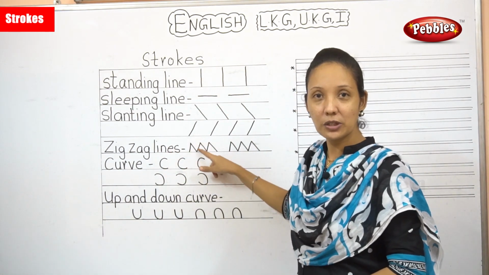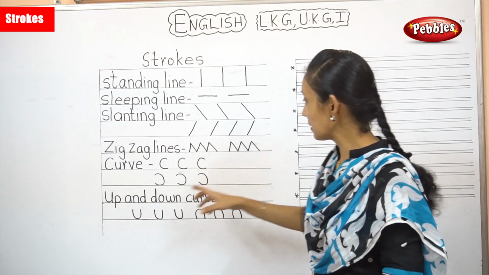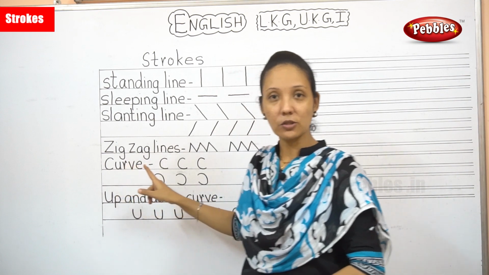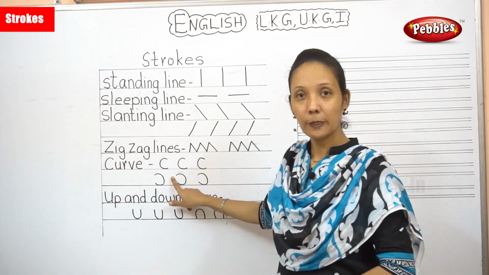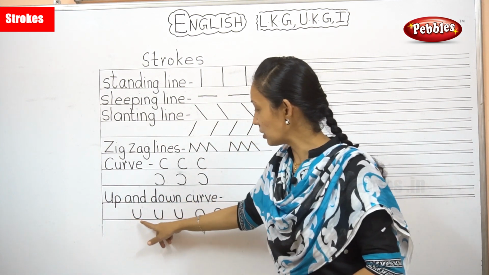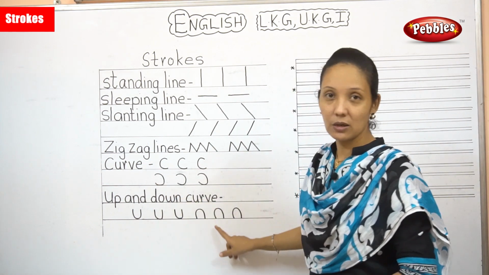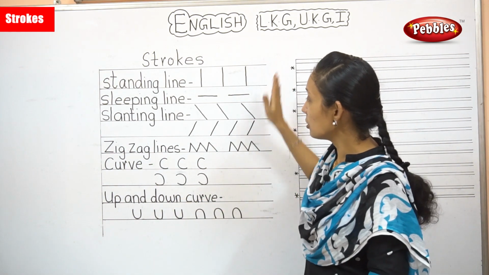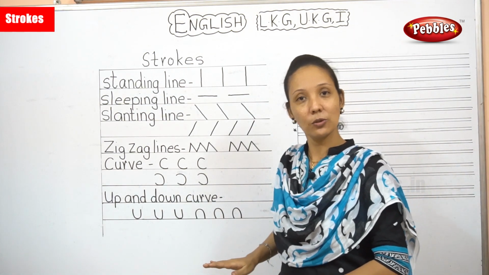That is up and down, up and down. This is called zigzag lines. Now you have curves also here. Okay, your inner curve, your outer curve. Next you have up and down curves. Yes, you can draw your curve upward and here you have your curves downward. So these are the few basic strokes that you need to learn.